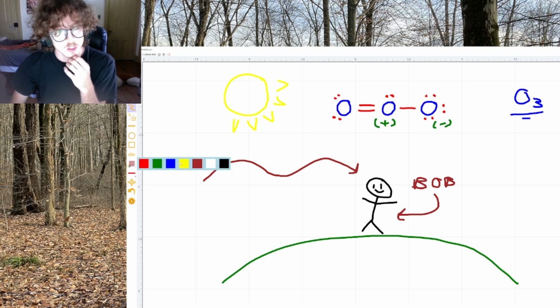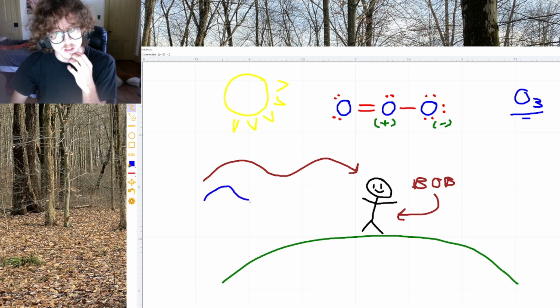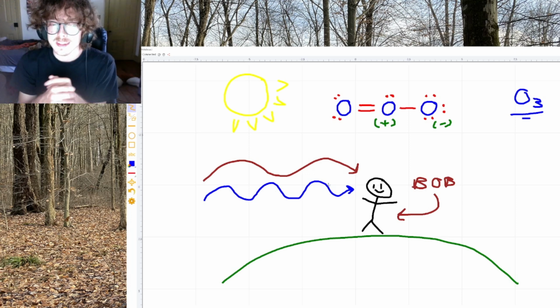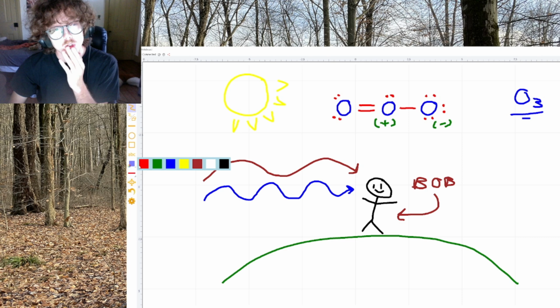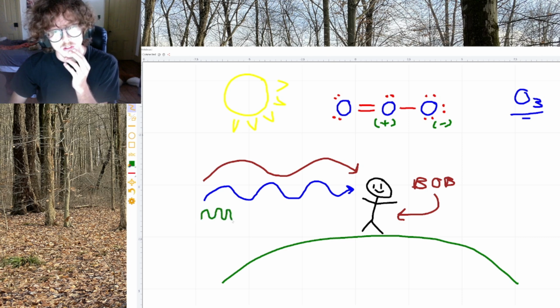So the visible spectrum that our eyes can detect, let's say, looks like this. All right, this wave is visible. So this would be like a radio wave or something. This blue wave here, we're going to say that this is visible light. Ultraviolet light, however, looks like this. Notice how the crests of the wave are a lot closer together.